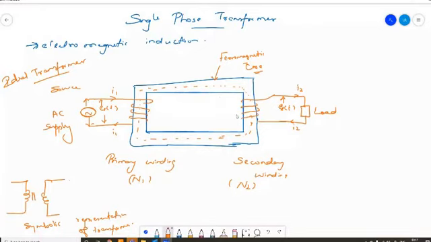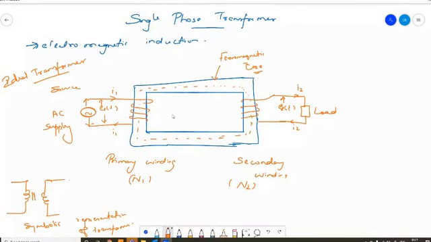That is our assumption, but that doesn't happen in real time, because there are always going to be losses associated with the transformer. So there will be two losses that I will be briefly putting before you. One is the I square R loss, and the other is the magnetic loss or the core loss.